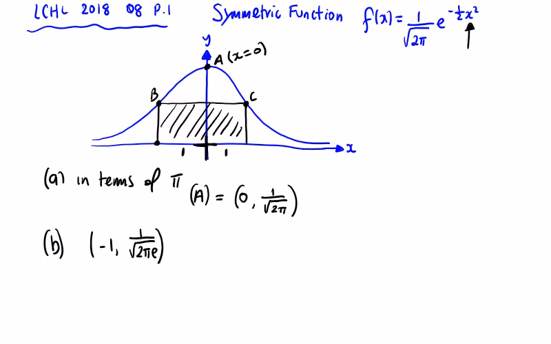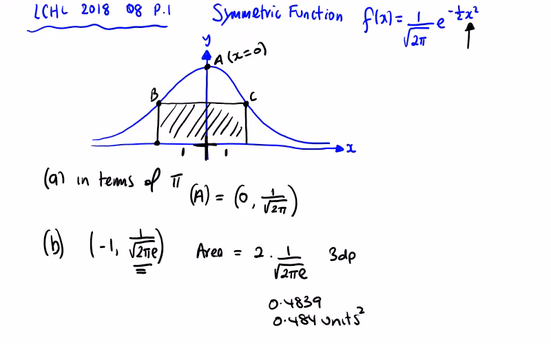We have the height, which is the y value, so the area is equal to twice 1 over the square root of 2 pi e, and they ask for this corrected to 3 dp. So just type this into your calculator and you're going to get 0.4839, which is 0.484, and that will be in units squared.